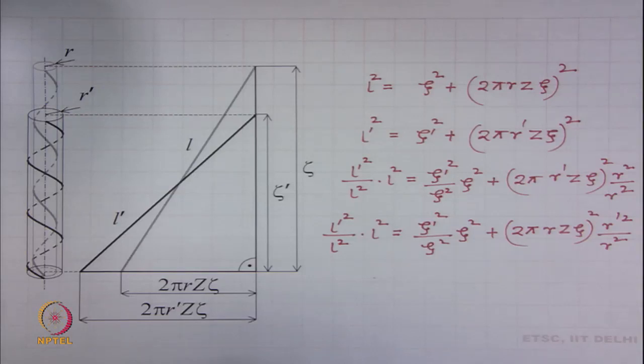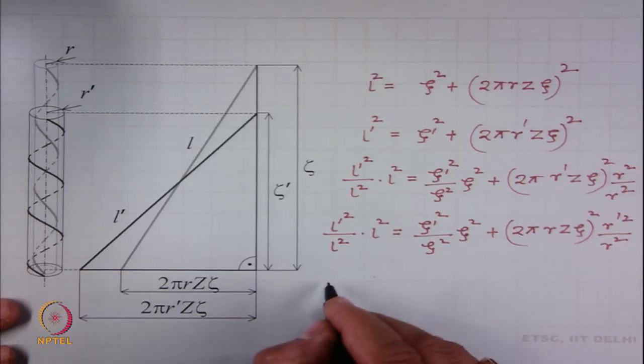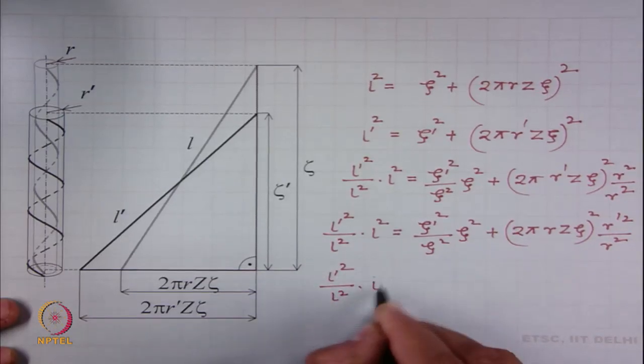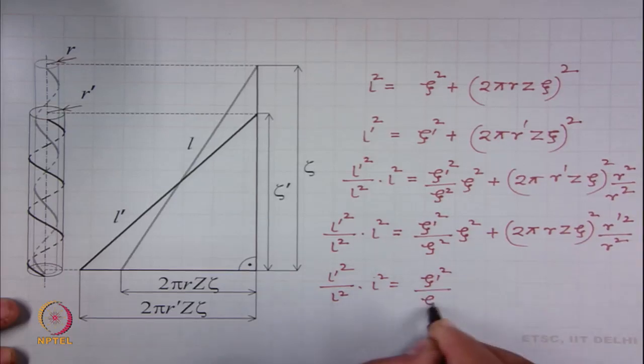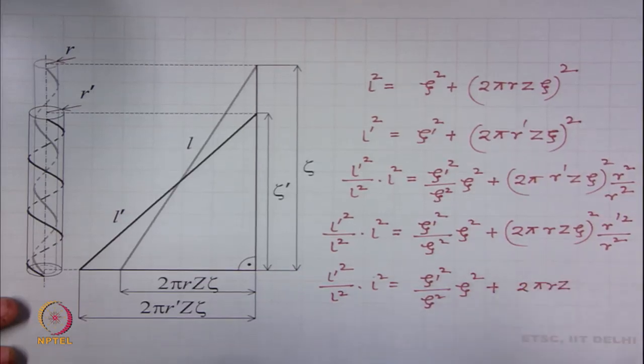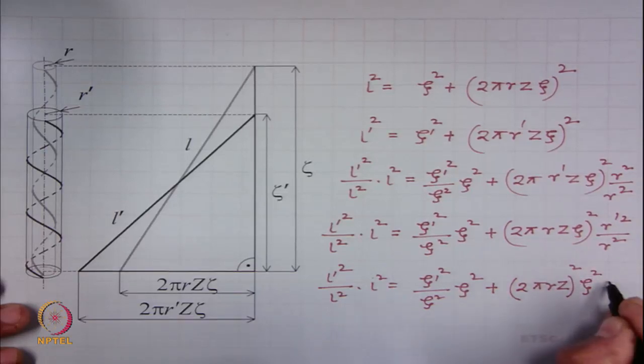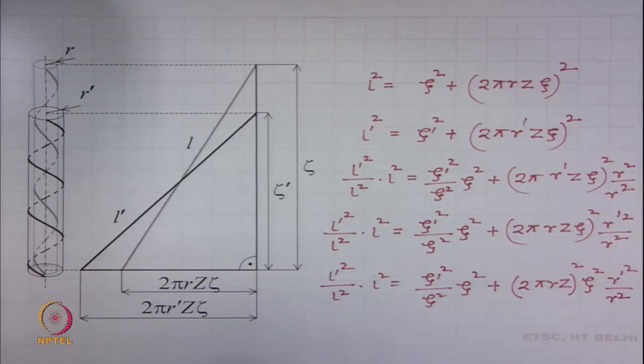So, what we can see is that we can further write as L prime square by L square into L squared plus 2 pi r z square into zeta square prime by r square. Right.